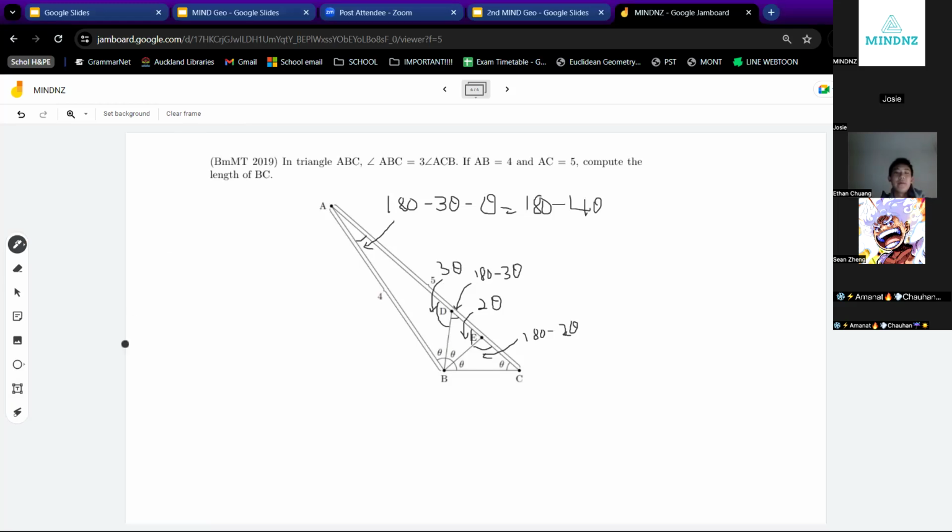All right, now can you guys find some triangles with the exact same angles if you just look at it?